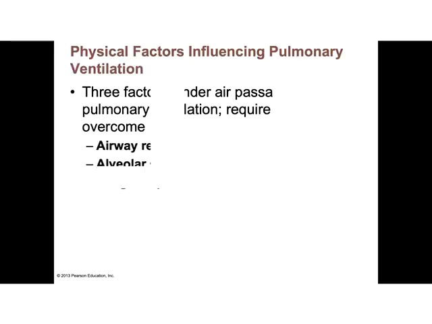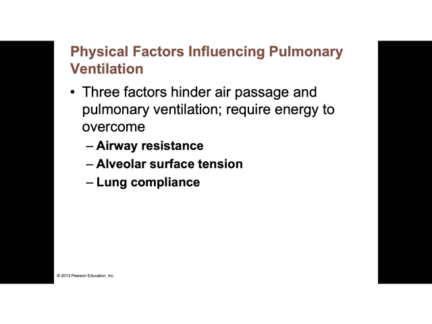Three factors can inhibit air passage and pulmonary ventilation. They include airway resistance, alveolar surface tension, and lung compliance. So all of these, unfortunately, get worse as we age. And that's one of the reasons it's harder for us to be active and maintain our health. The lung compliance gets reduced because of scar tissue.